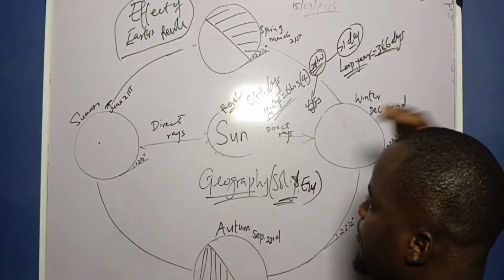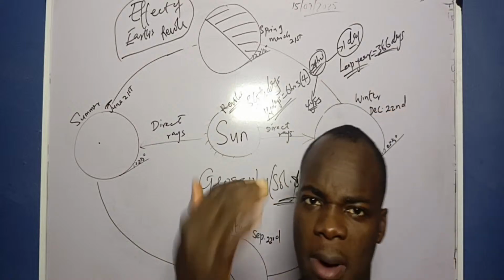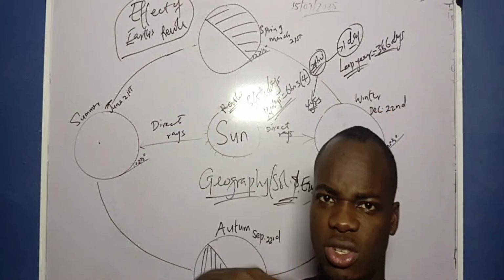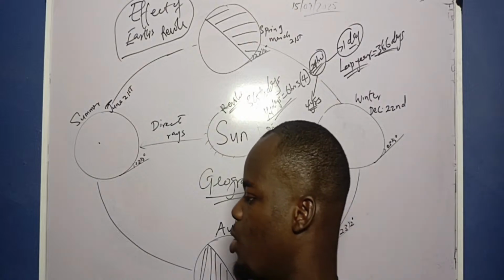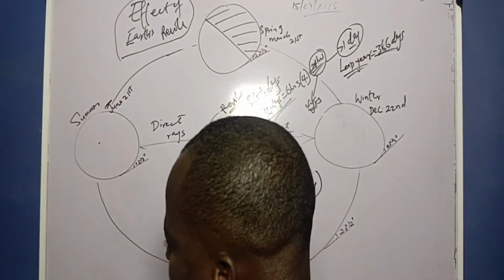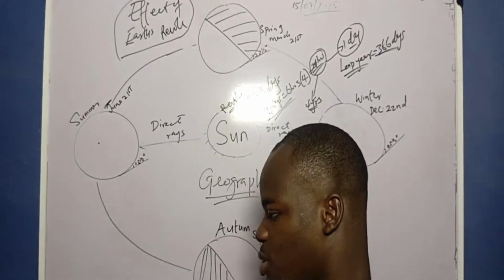So when do we normally have these things? When does it normally occur? It happens as a result of Earth revolution.